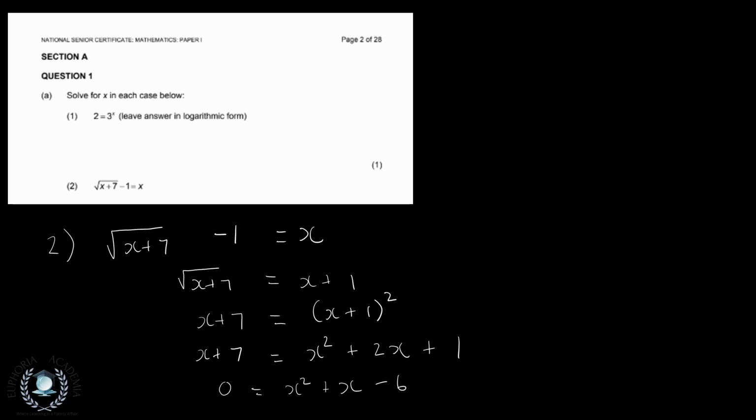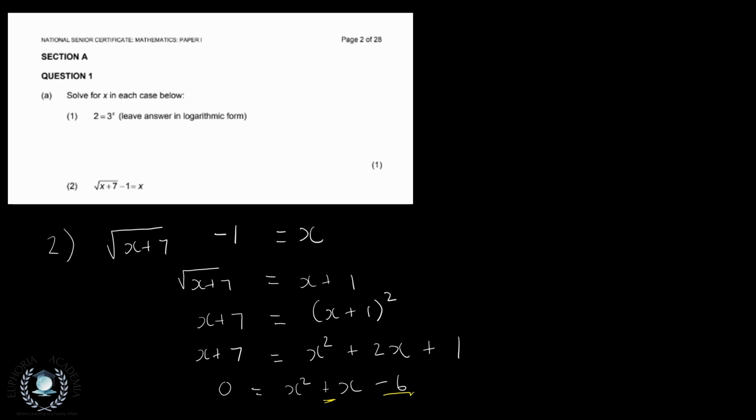Now, factorizing that, we need factors of minus 6 that, when added together, produce a plus 1. So we have to ask ourselves, what are these factors? One has to be negative and the other positive, and in this case the bigger one will be positive. What numbers, one positive and one negative, give us a plus 1?